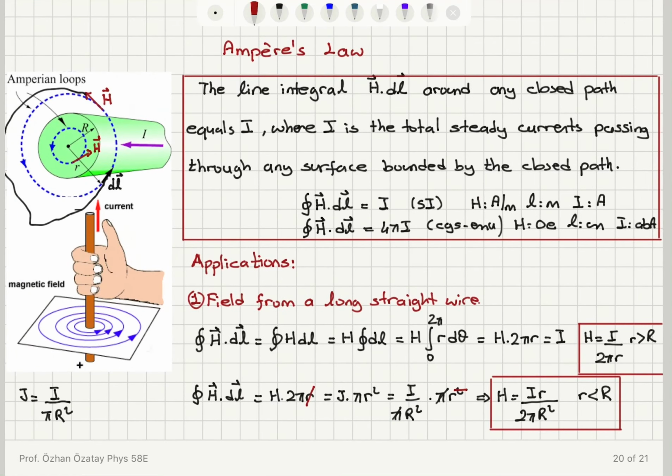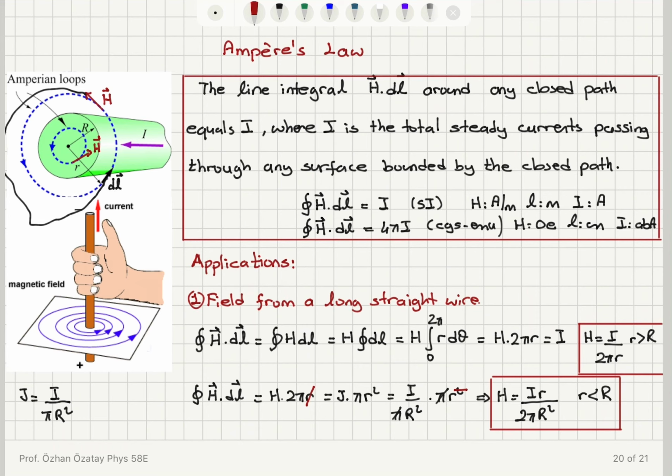Alright, so let's summarize what we said. Ampere's law states that the line integral of H dot dl around any closed path equals I, where I is the total steady current passing through any surface bounded by the closed path.